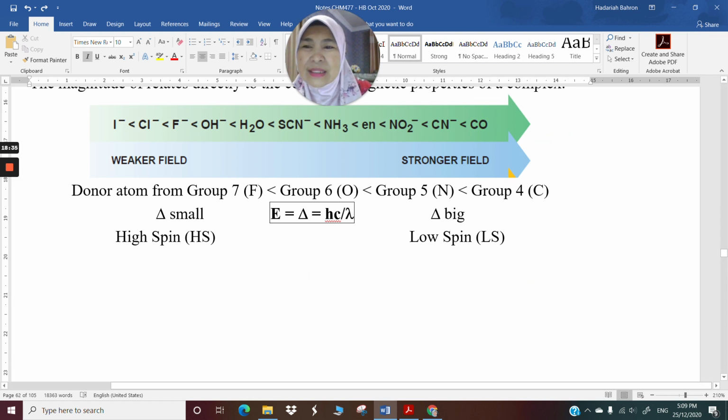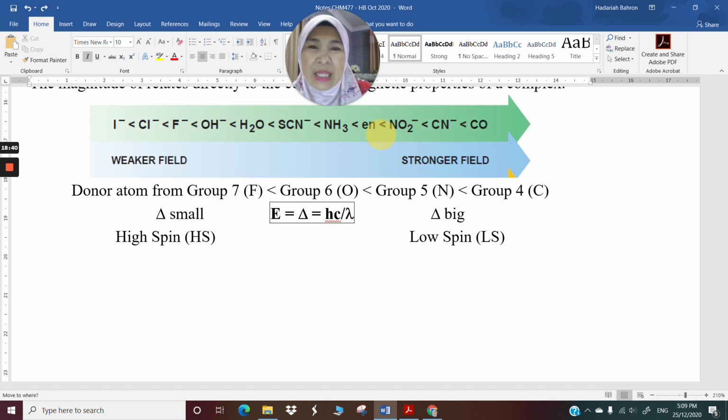So this is called the spectrochemical series. Ligands are put in the spectrochemical series: group 7 ligands, group 6 ligands, group 5 ligands, and group 4 ligands. The group 4 ligands are the stronger field ligands, whereas the group 7 ligands are the weaker field ligands.